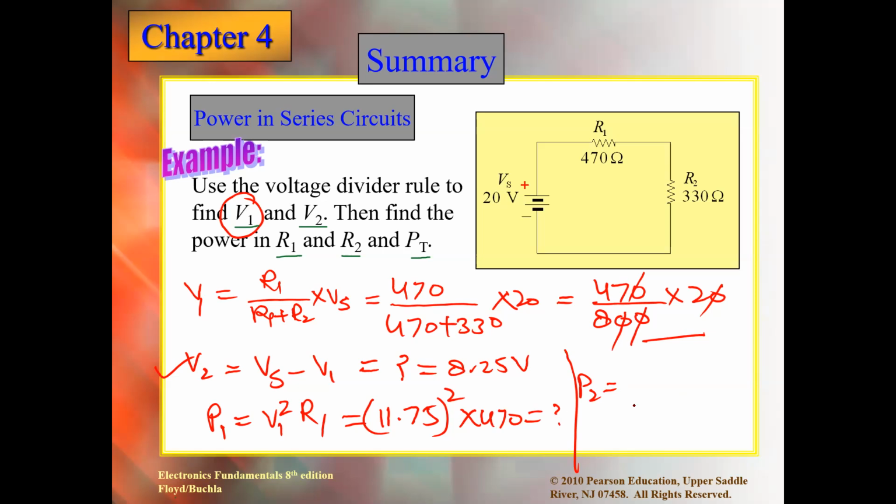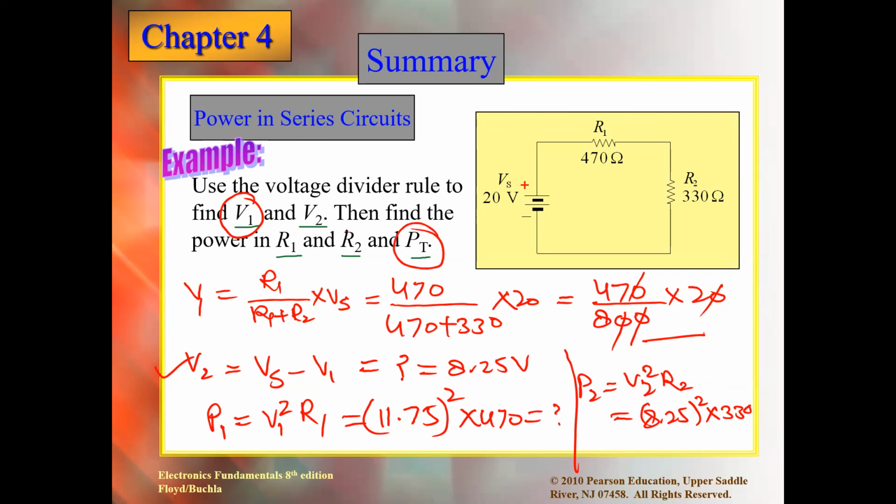Calculate the power also, Ali. P2 will be the same way, V2 square over R2. So V2 square is 8.25 square over R2, and R2 is 330 ohm. This way you can get these two parts, P1 and P2. Now finally they are asking to calculate PT, the total power.